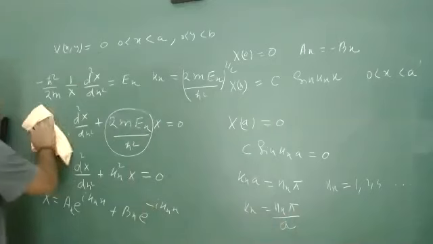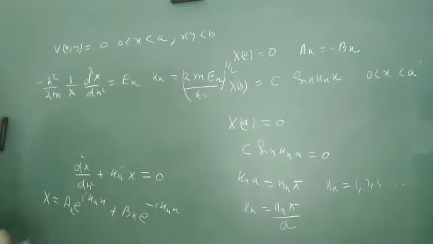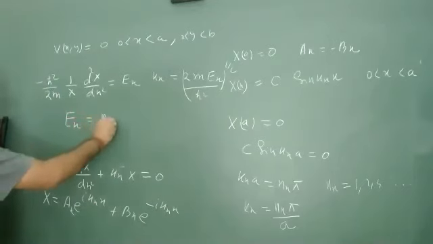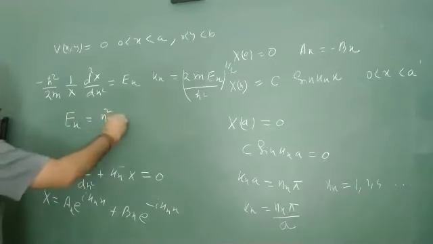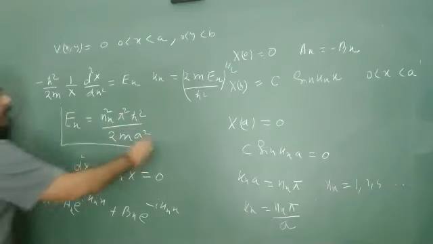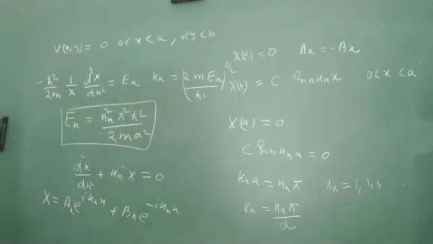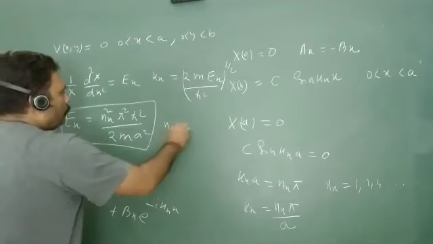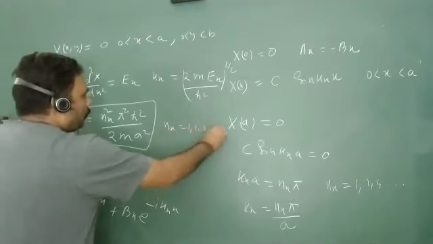Then you can put the value of this particular thing. Okay, and now I can write Ex is equal to nx squared pi squared h cut squared upon 2m a squared. This is exactly the same energy eigenvalue as for one dimension, where nx is equal to 1, 2, 3, and so on.